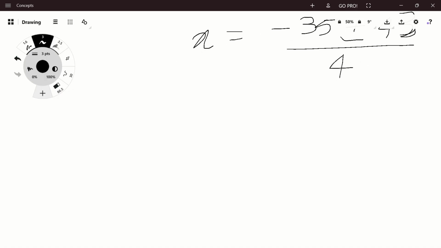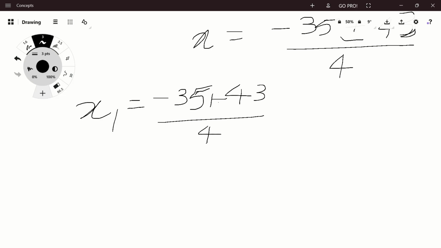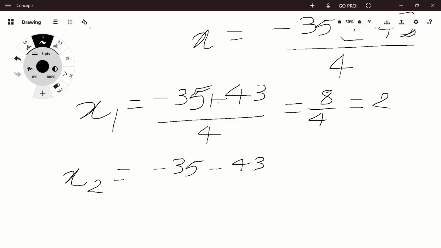Now, the two possible solutions will be x1, which is equal to minus 35 plus 43 upon 4, which is equal to 8 by 4, which is equal to 2, and x2, which will be minus 35 minus 43 upon 4, which is equal to minus 78 upon 4, which is equal to minus 19.5.